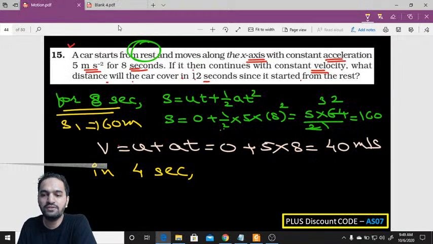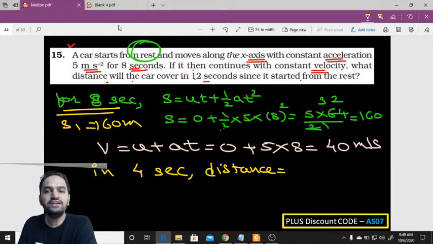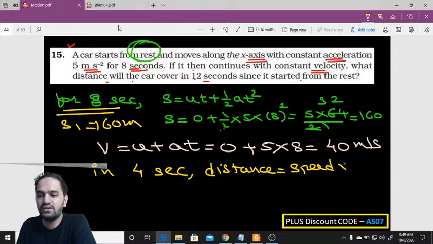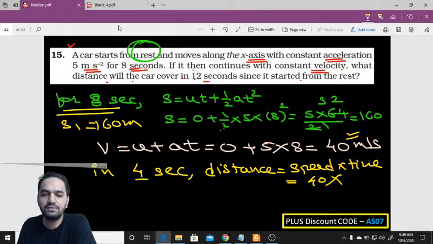So in 4 seconds, the distance would be speed into time. What is the speed? Speed is 40, and time is 4 seconds.